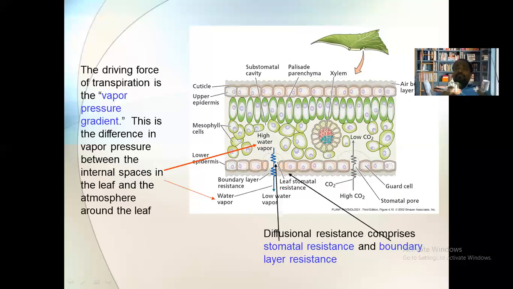So both of these processes are diffusion. The diffusion of the water vapors from the intercellular spaces into the atmosphere, and the exchange of gases between the leaf and the atmosphere, both of these processes are diffusion.